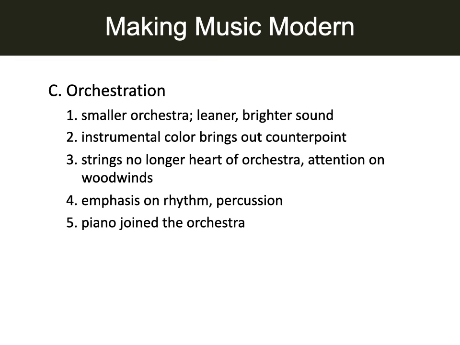The attention is on the woodwinds. Emphasis on rhythm and percussion. And the piano joined the orchestra, which I think would only work if the orchestra was smaller, because it might get drowned out in a big romantic orchestra.